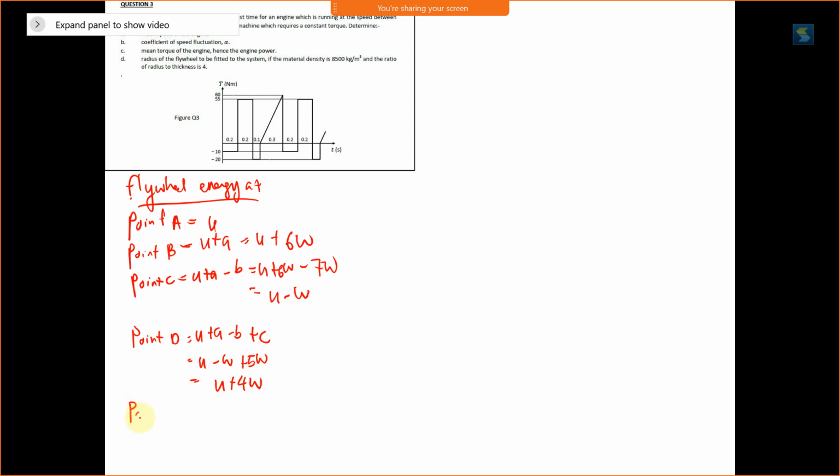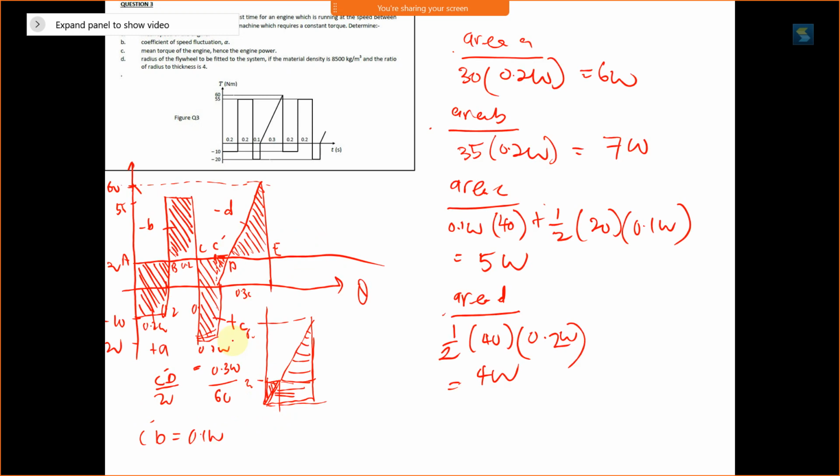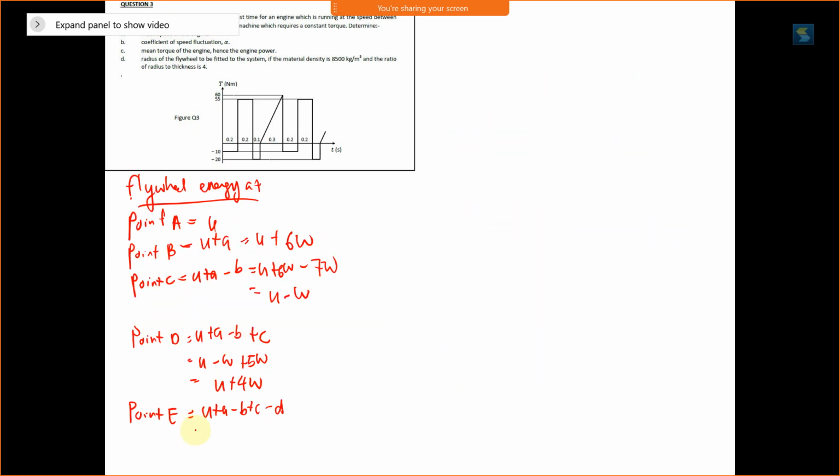And last one, we have point E, U plus A minus B plus C minus D, which D is 4. Then we have U plus 4 omega minus 4 omega. So betul lah. So kita dapat point E sama dengan U. So kita punya area semua betul. So start with U and back to U. Start point A and back to point E as U.